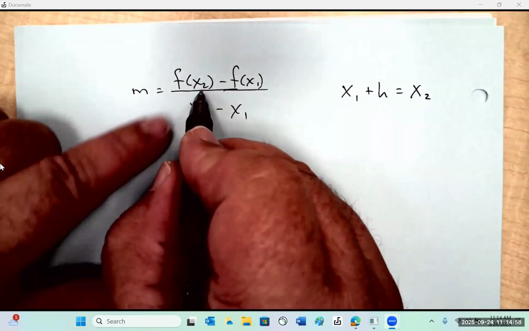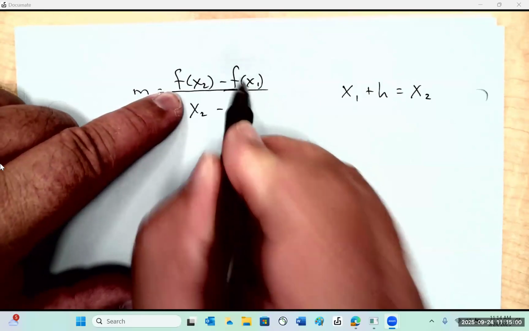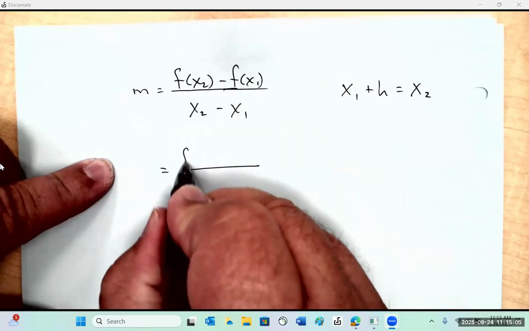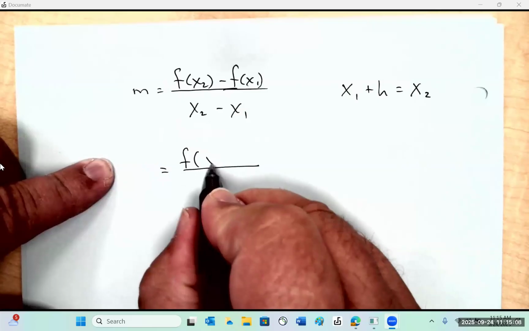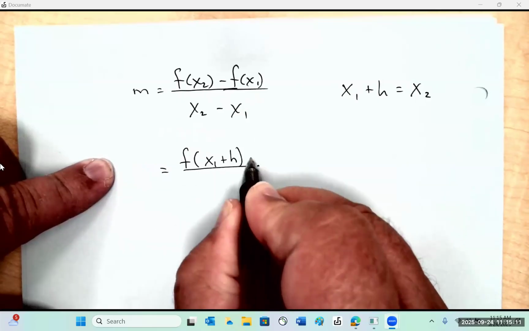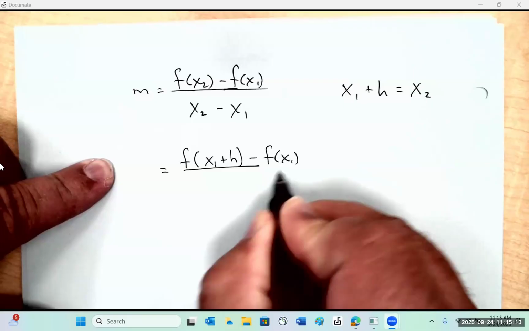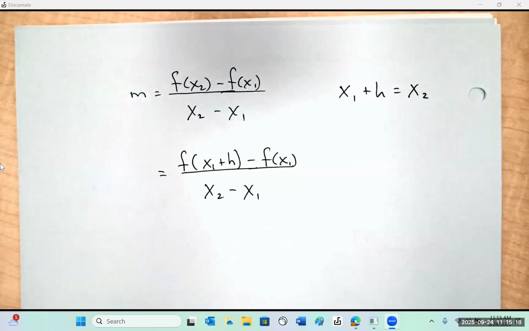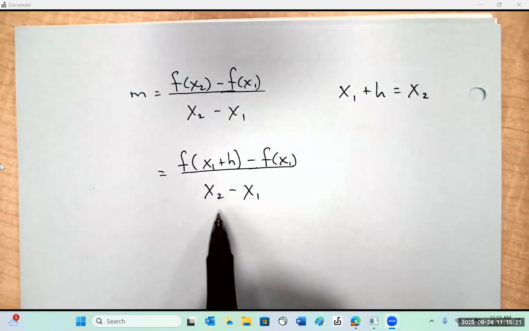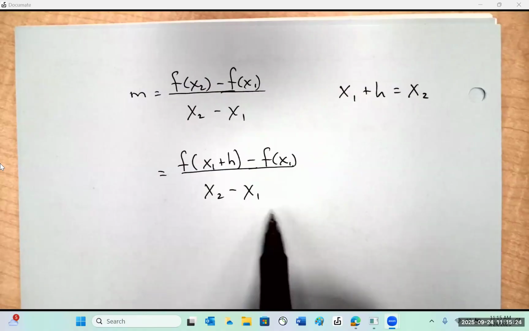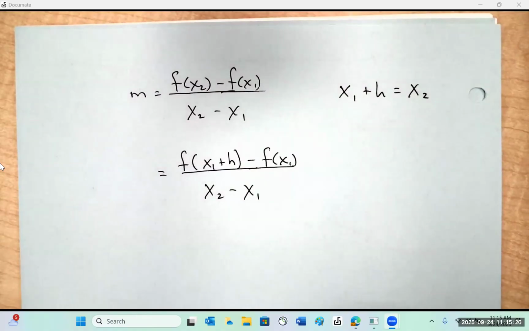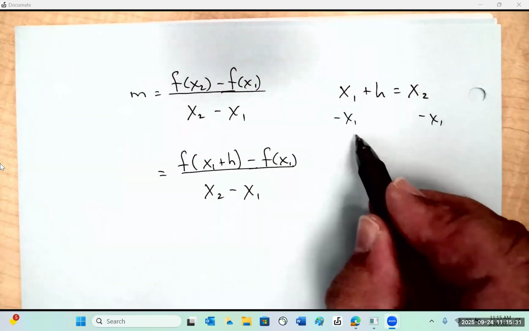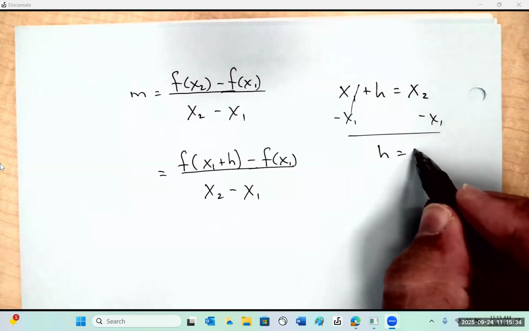So now we have to write x2 as a function of x1, which we did right here. So instead of x sub 2, we put x sub 1 plus h, minus f of x sub 1, over x2 minus x1. Well, remember, we can't have two x's, so we only have one. So how do we rewrite x2 minus x1? Yeah, so if we subtract x1 from both sides, that equals h.